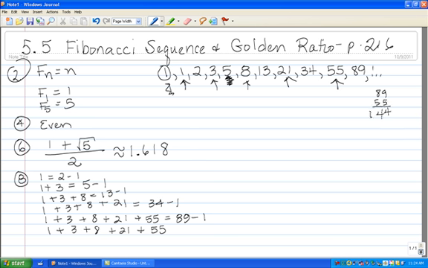It's going to be 144, it looks like. So plus 144 would be the next one. And 89 plus 144 is 233. Okay, 233, I'll carry it down here, and 144 plus 233 is 377, and so forth. So 144 would be the last one in the sum.